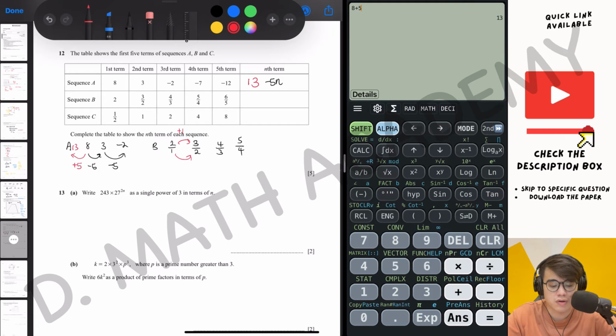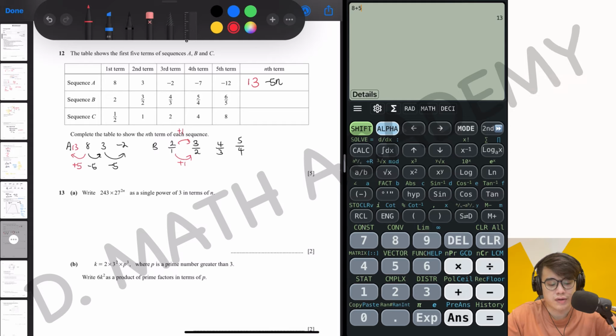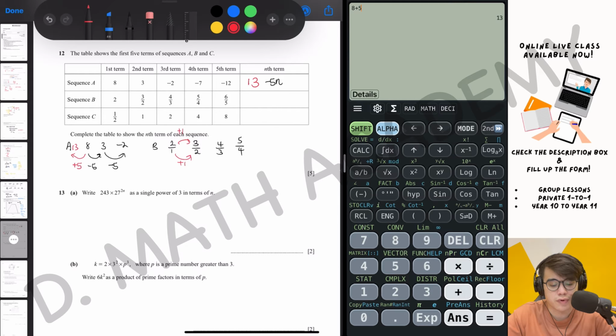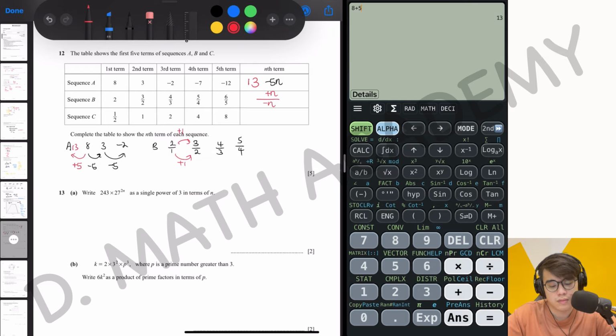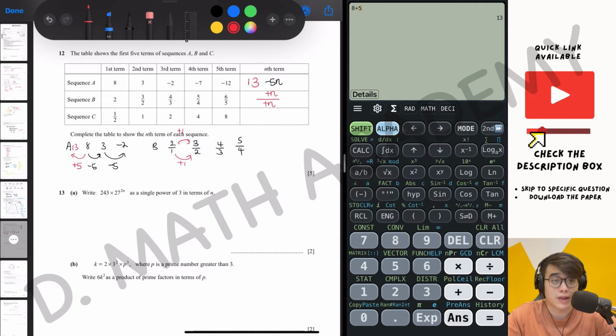Same goes for the denominator here. So this would tell us that the change is both plus 1n. Okay, but you don't have to write the 1 here.